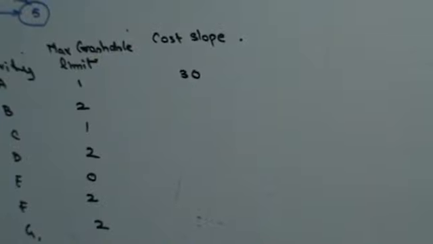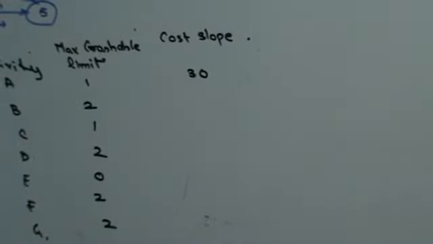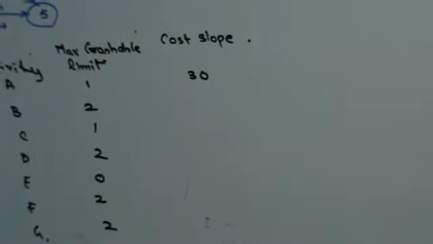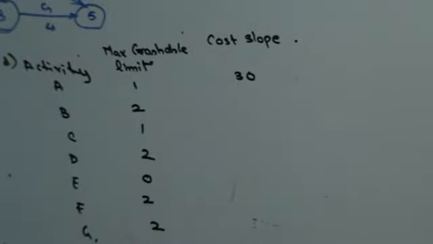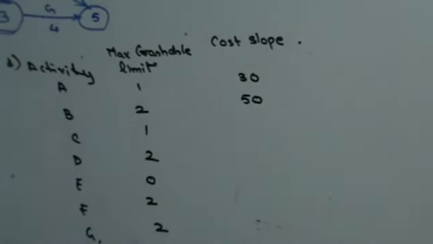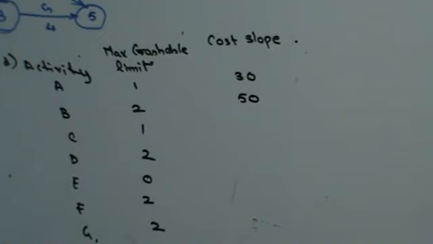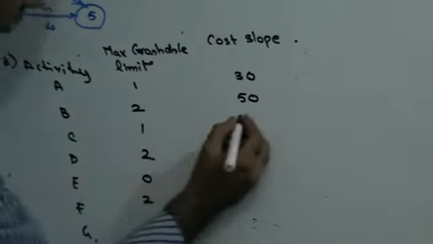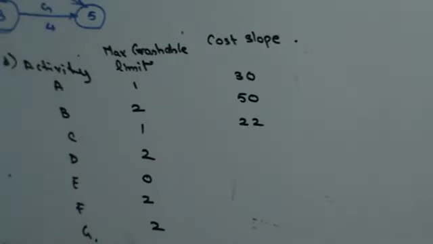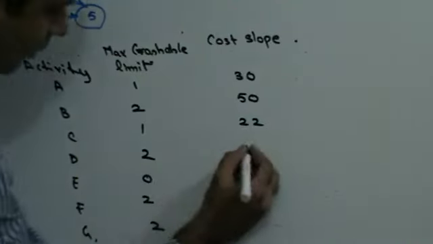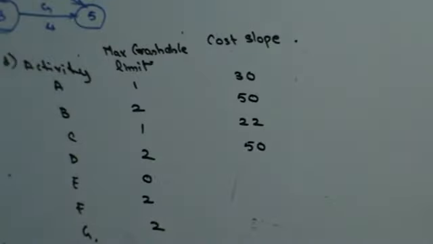For activity B, it will be 250 minus 150, that is 100 divided by 2, that is 50. For activity C, it is going to be 60 minus 38, 22 divided by 1, that's 22. For activity D, it is 250 minus 150, 100 divided by 2, that's going to be 50.